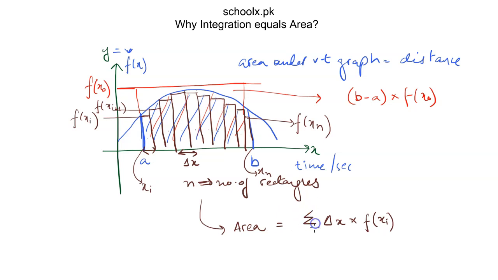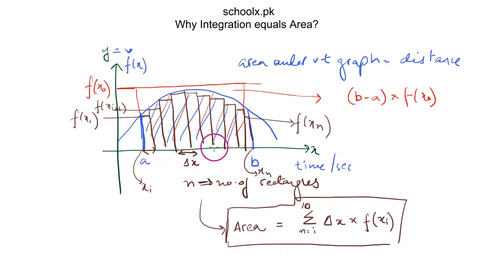Then I'll add a summation from i equals 1 till how many rectangles there are, 10. Get it? So this formula will give me the total area of all the rectangles between A and B.